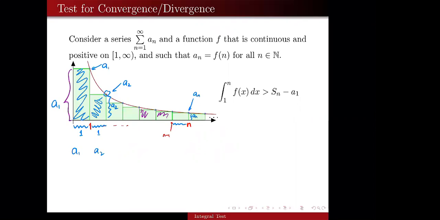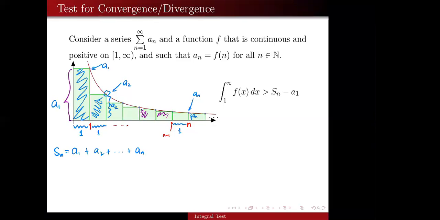So that the width is just equal to 1. So if you get the areas of these rectangles and you sum them, you will get A1 plus A2 plus A3 plus until you have AN. But this is precisely S sub n. Okay?